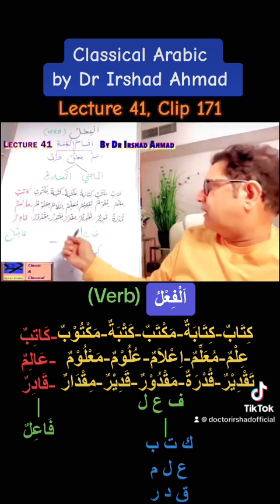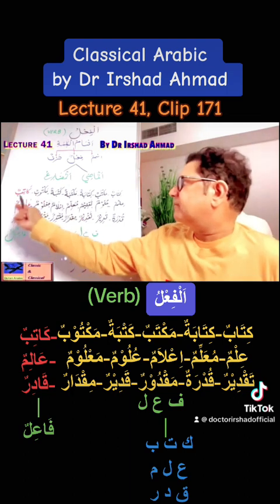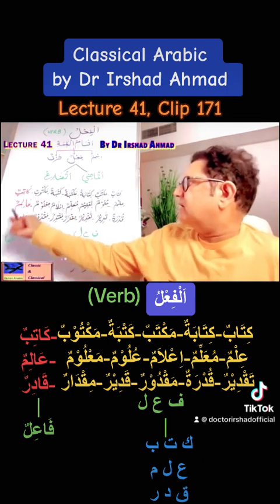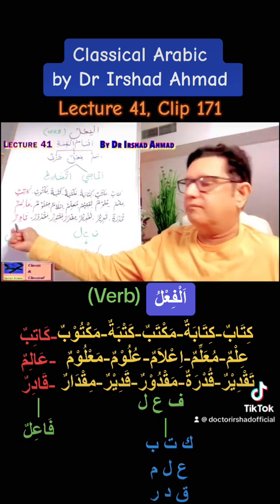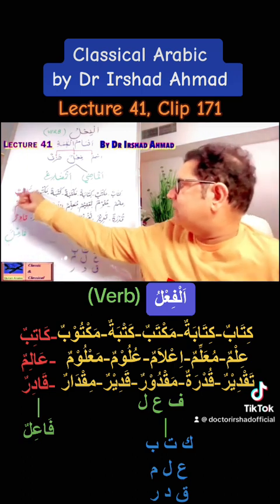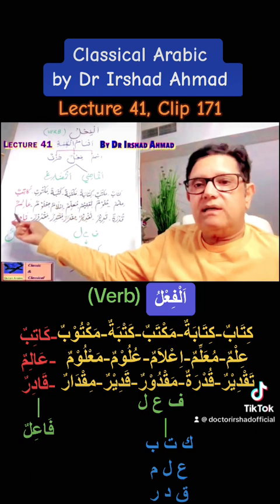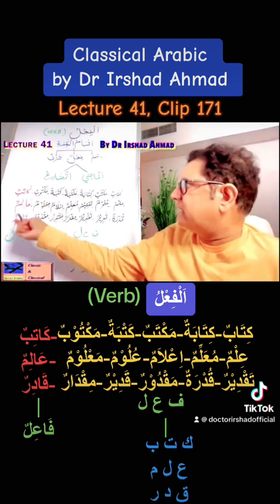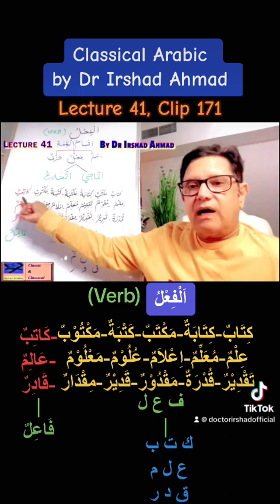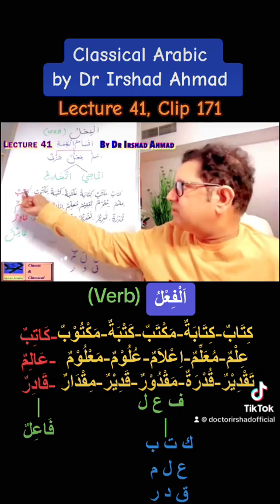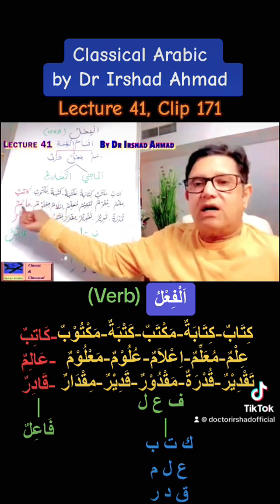And along these three roots, on the pattern of fa'ilun, we have khatibun, alimun, khadirun. So these give similar meanings in a way that they give the name of the person who is doing the action of the verb.